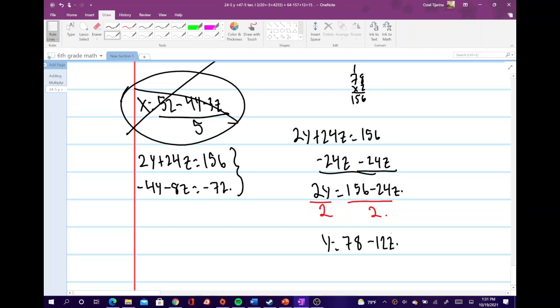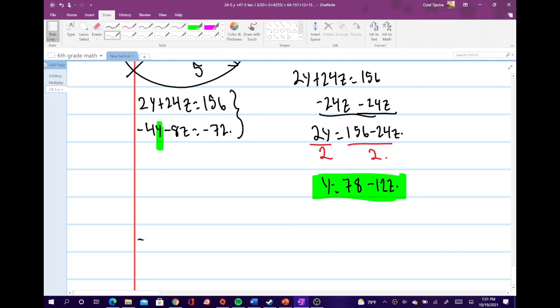Now go ahead and plug this in for this part here. So now we have -4 times the quantity 78 minus 12z minus 8z equals -72.